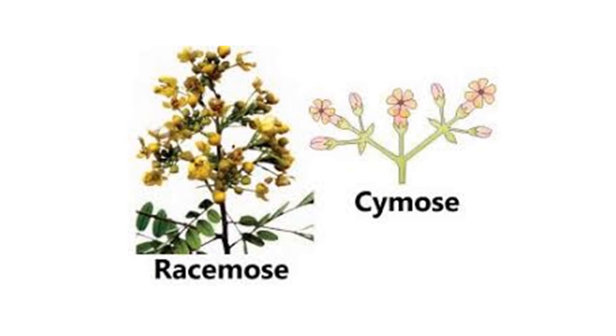Here the main axis terminates in a flower, which means it shows limited growth. So the first figure is about racemose inflorescence, and the second figure is about cymose inflorescence, and we can easily compare between both types of inflorescences.